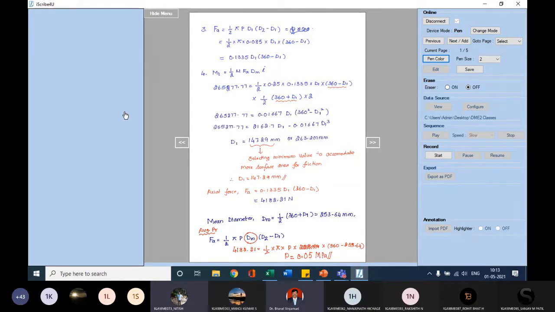Hey, listen. The concept is very clear. The average pressure or mean pressure happens at mean diameter. Inside the bracket, you have substituted dm's value instead of d1.